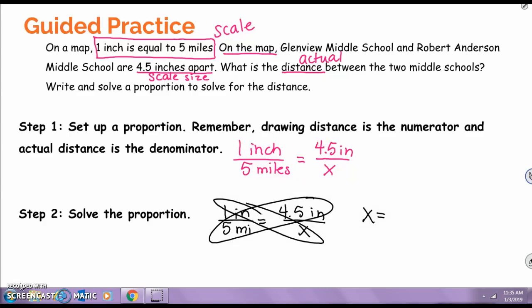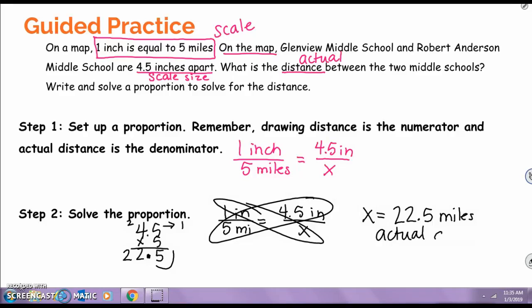Now we're going to multiply 4.5 times 5. 5 times 5 is 25, carry our 2. 4 times 5 is 20, plus 2 is 22. We have one decimal, so we move our decimal one place to the left. So that means x, or our actual distance, is 22.5 miles. So this represents the actual distance.